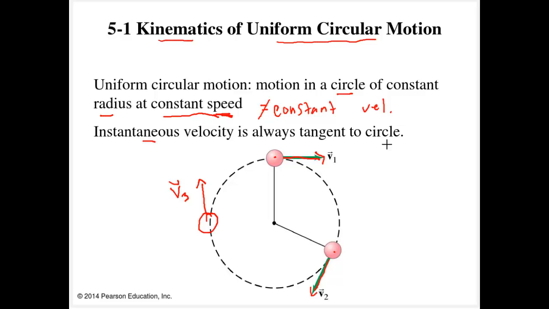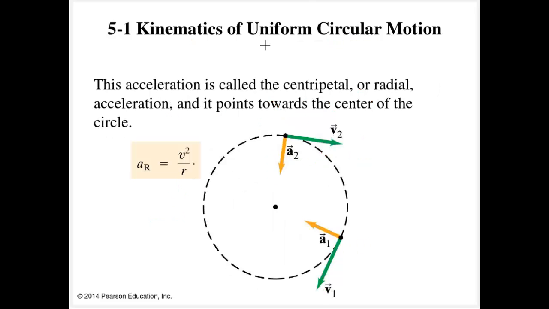And the reason for that is because velocity is a vector, and this vector has changed its direction between here and here and here. So, constant speed, not constant velocity in uniform circular motion. Since we know that there is a change in velocity, that means that there must be some acceleration.